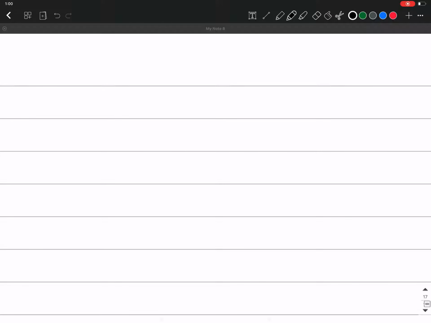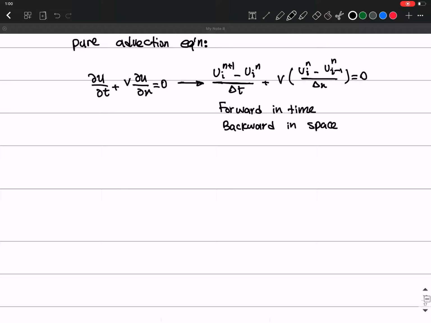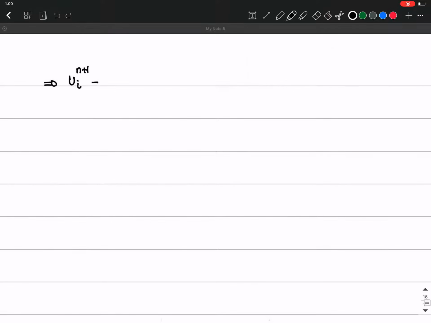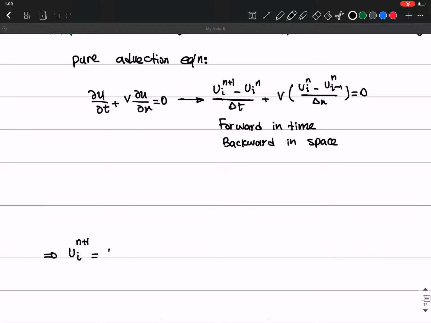So I can rearrange this numerical approximation as this. First thing I do, u_i^(n+1) equals u_i^n minus v delta t over delta x times (u_i^n minus u_(i-1)^n).